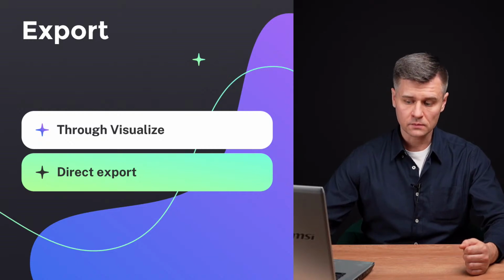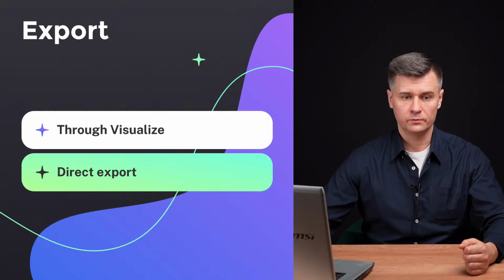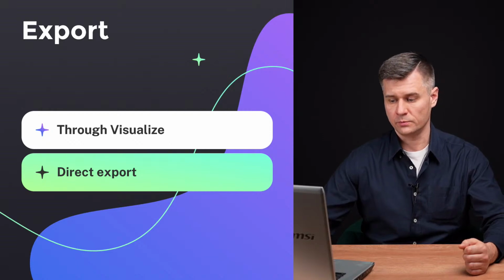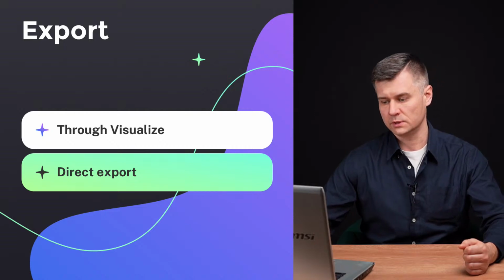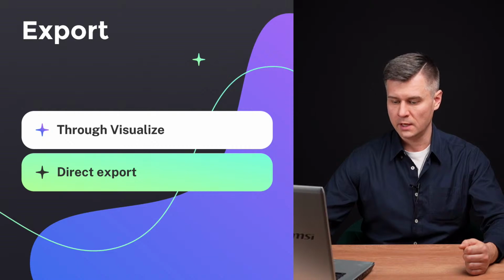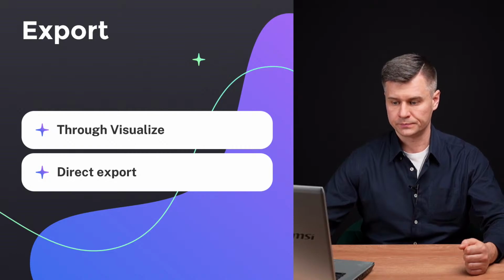But it is also possible to perform the direct export from the BimNv database to some other target format. And in the demo example, we will show you how it works.